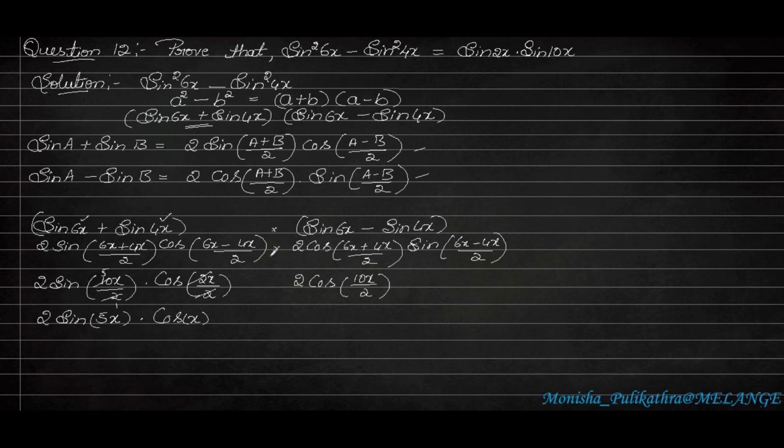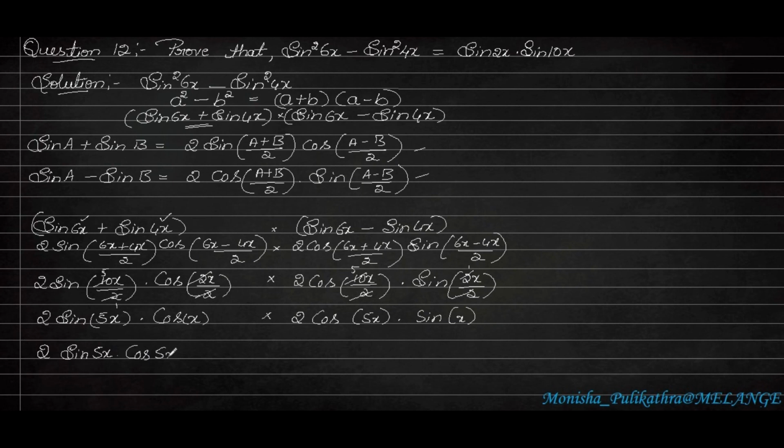So here you can put a multiplication symbol because it is in multiplication form. Into sin 2x divided by 2. Here also 2 and 2 are cancelled. So it will become 2 cos 5x into sin x. So next what we have to do is we need to join these things. Okay, first is 2 sin 5x and this cos 5x.